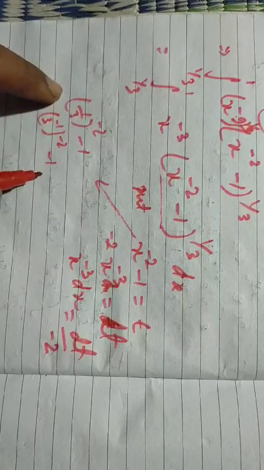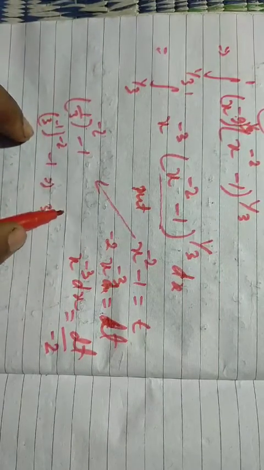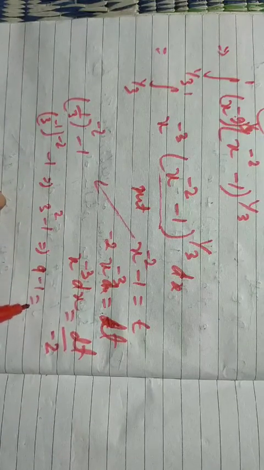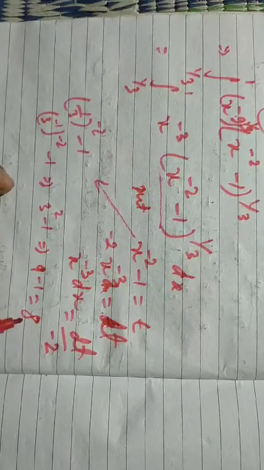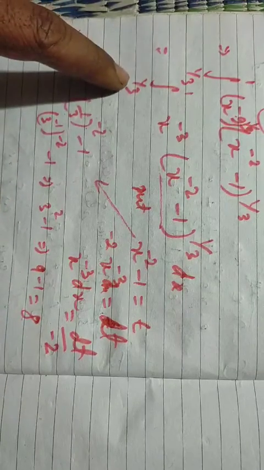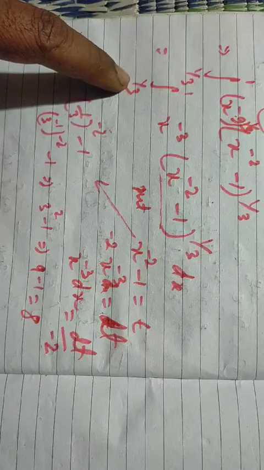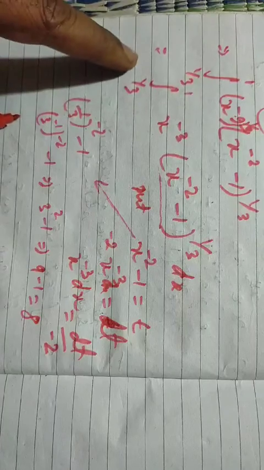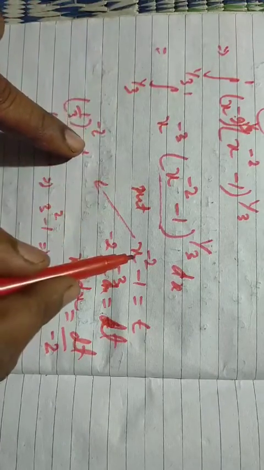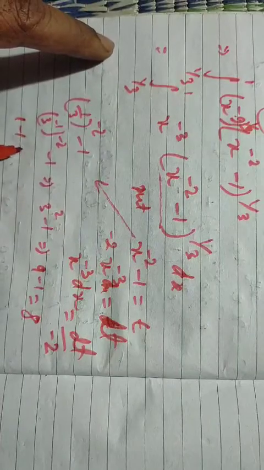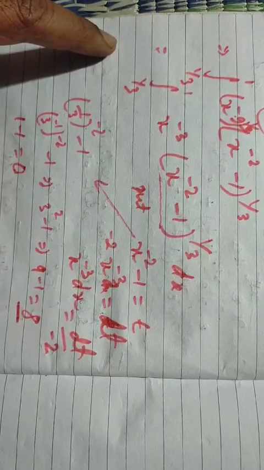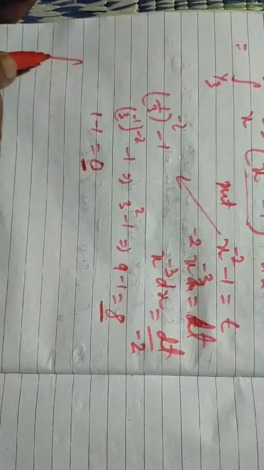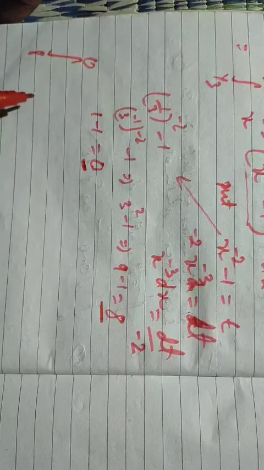Now this becomes 3 to the power 2 minus 1, that is 9 minus 1 equal to 8. So when x was 1/3, t is 8. Now when x is 1, 1 to the power minus 2 minus 1 equal to 0. Therefore the new limit will be from 8 to 0.